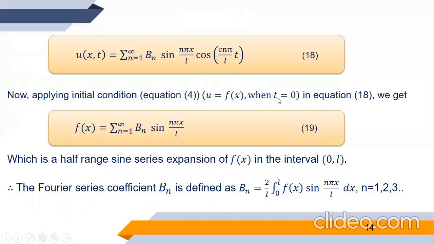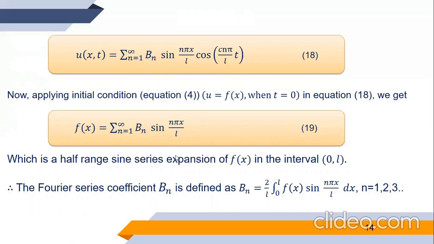So we apply this condition in equation 18, we get f(x) is equal to the summation n is 1 to infinity, because when t is 0, u is f(x). So f(x) is the summation n is 1 to infinity of bn sin(n pi x by L) into cos 0, which is 1. So this is equation 19.